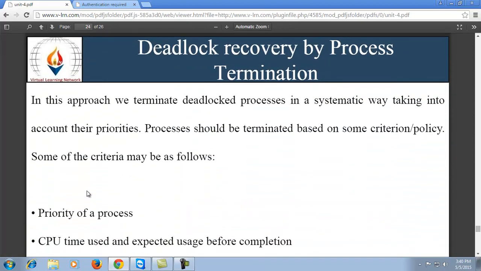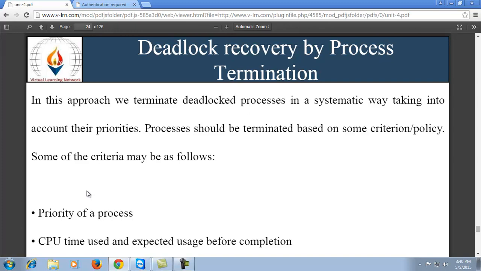Now the topic is deadlock recovery by process termination. In this approach, we terminate deadlocked processes in a systematic way, taking into account their priorities, their requests, their preferences. A process should be terminated based on some criterion or policy.